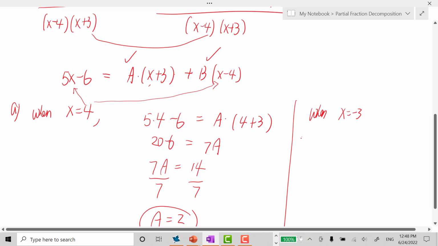On the left-hand side, we get 5 times -3 minus 6, and this term right here becomes 0 because -3 plus 3 is 0, and 0 times a is 0. On the other one, the variable b is left, so b times -3 minus 4. Now simplify, we will end up with -15 minus 6.